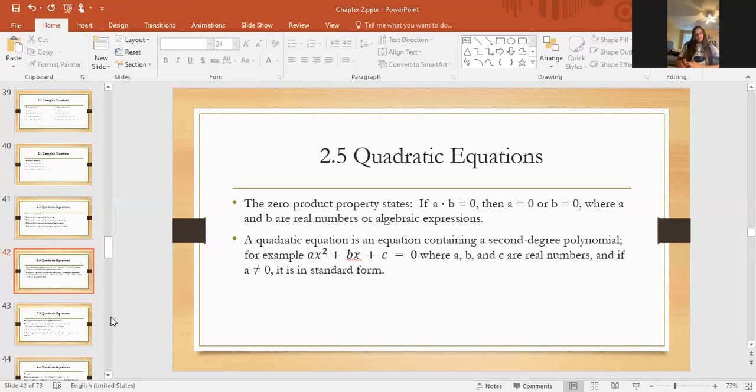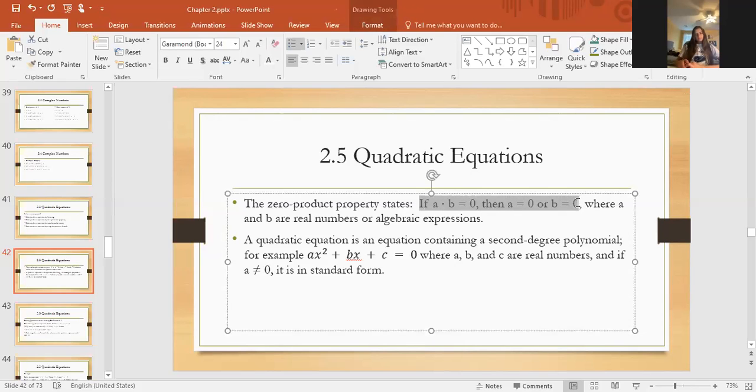Quadratic equation. To solve a quadratic equation, we need to recall what we will call here the zero product property. Let me put it this way. If you multiply two numbers and you get 0, at least one of the numbers must be 0.